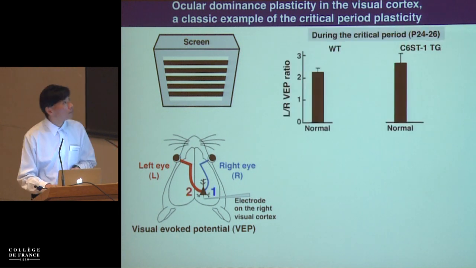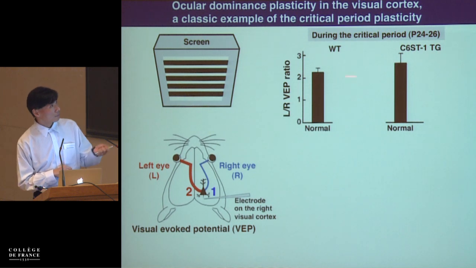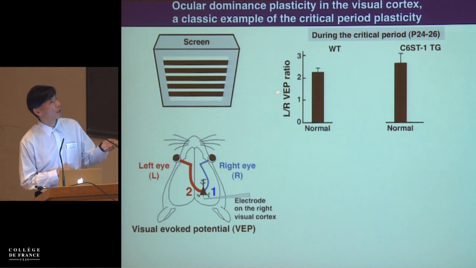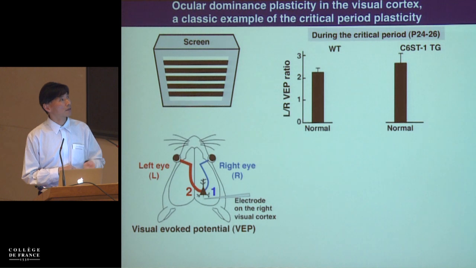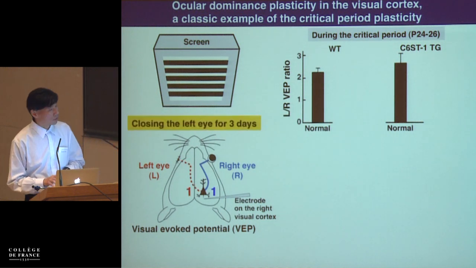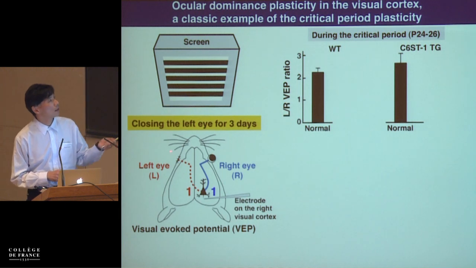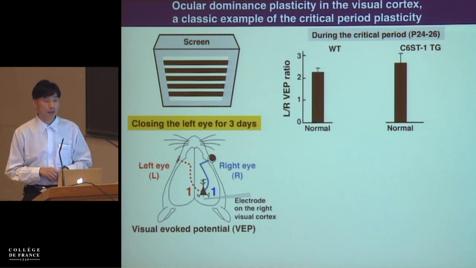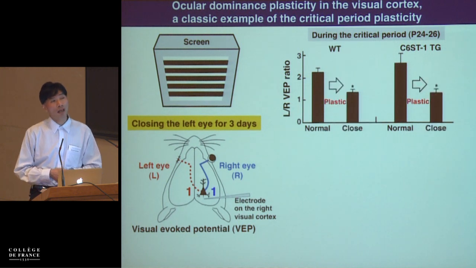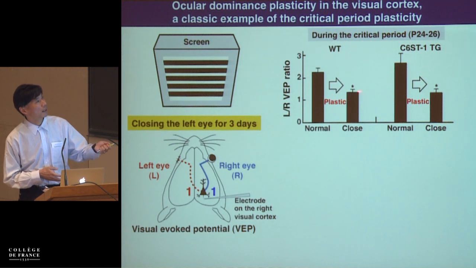In normal mice, the ratio of the left to right eye VEP is around 2, reflecting contralateral eye dominance. If you patch or close the left eye for 3 days during the critical period, the responses of neurons to the closed eye are greatly suppressed, resulting in a decreased ratio of left to right eye VEP.